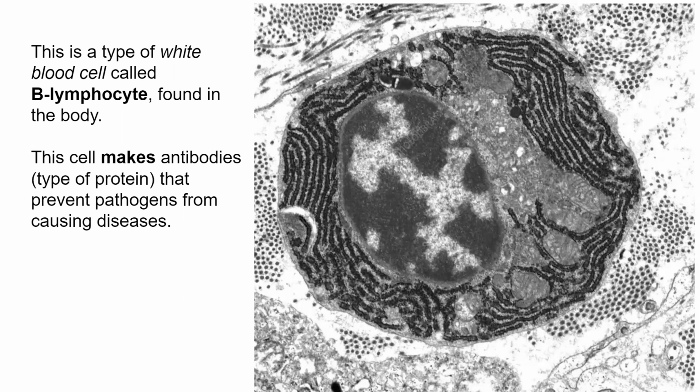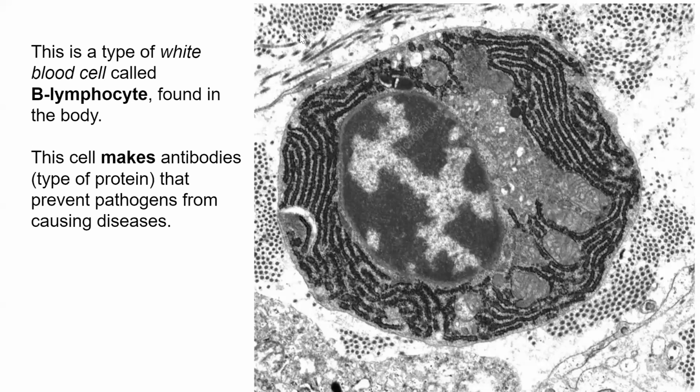So this is the image of a white blood cell. Particularly the name of this white blood cell is B lymphocyte. And the function of this cell is to protect you from diseases. How does this cell protect you from diseases? Very much related to what you do when you are fighting from different infections. Also COVID.